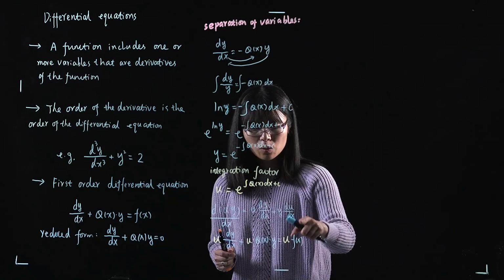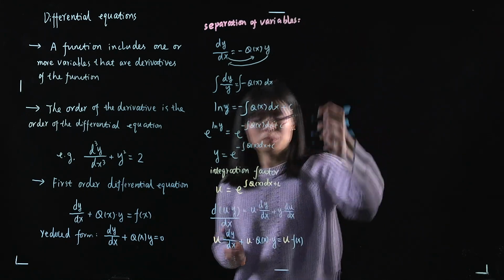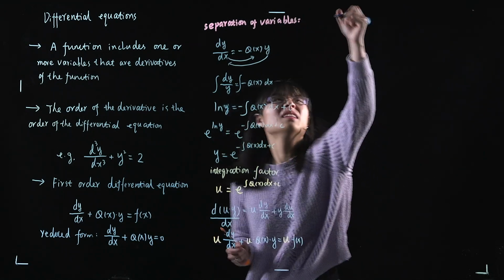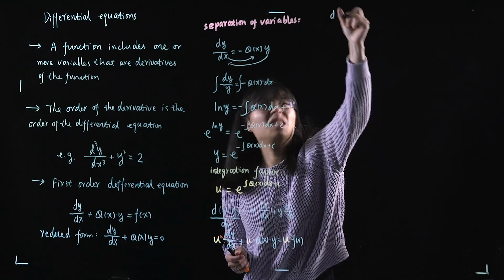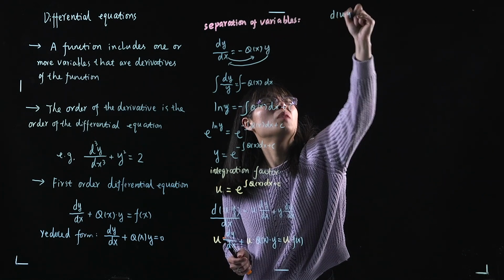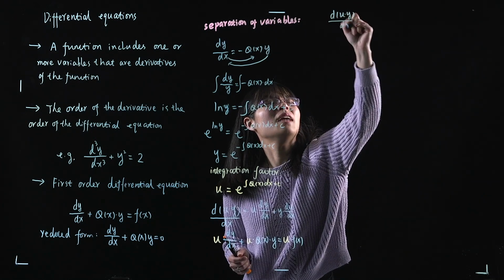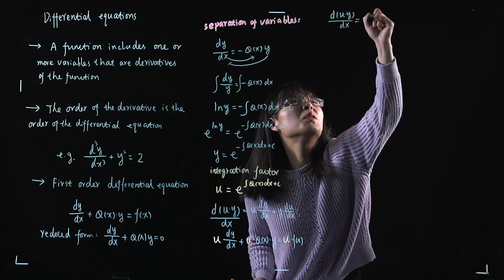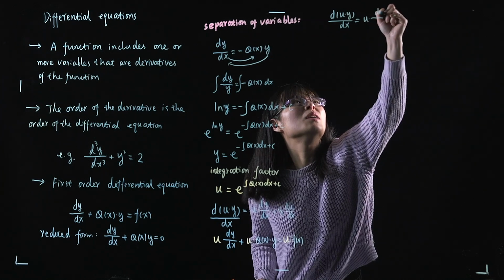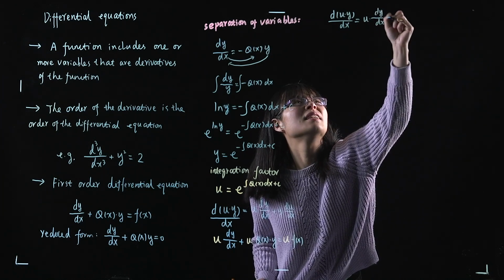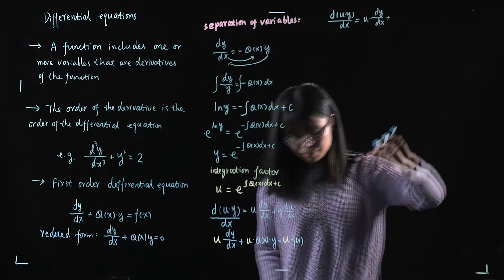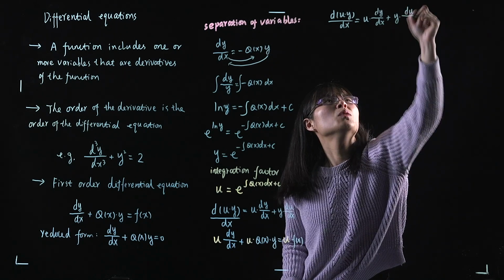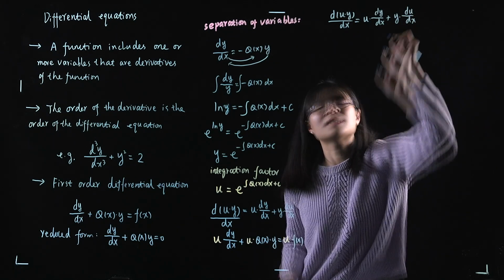Let's explicitly write out the results of both terms. d(uy)/dx gives me u times dy/dx, and the second term would be y times du/dx.